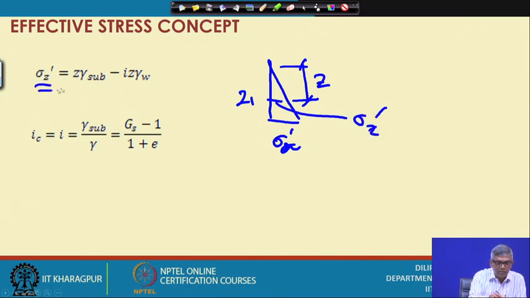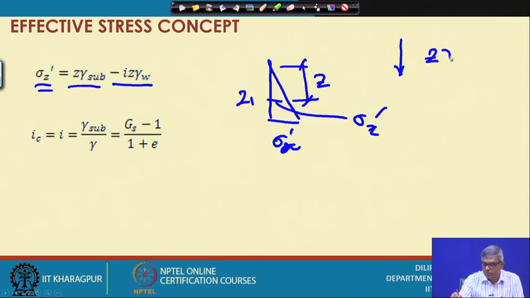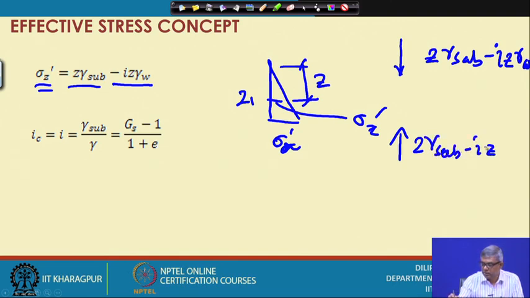So, proportionately, if I simplify in a similar way, you will get Z gamma submerged minus I Z gamma W. That means, when flow is in the downward direction, it will be Z into gamma submerged plus I Z gamma W, and when flow is in the upward direction, it is Z gamma submerged minus I into Z gamma W.